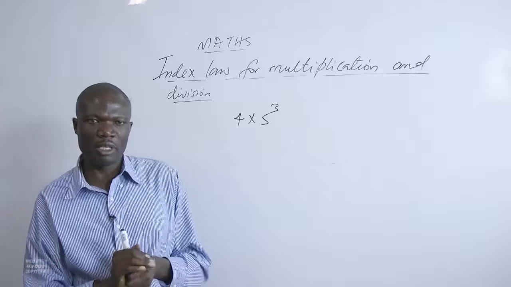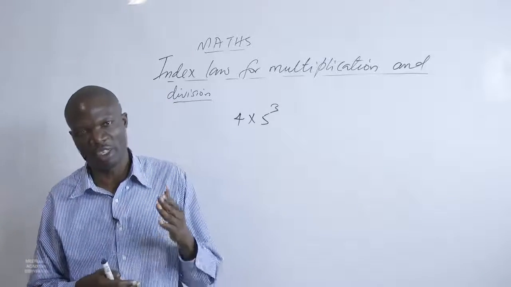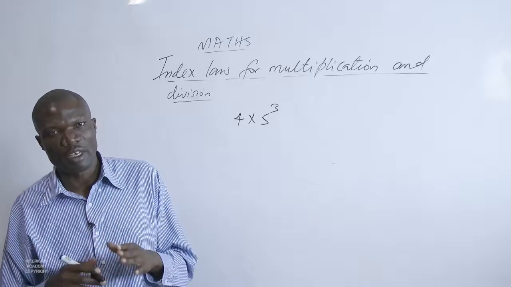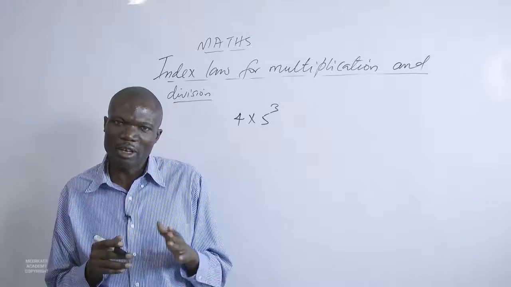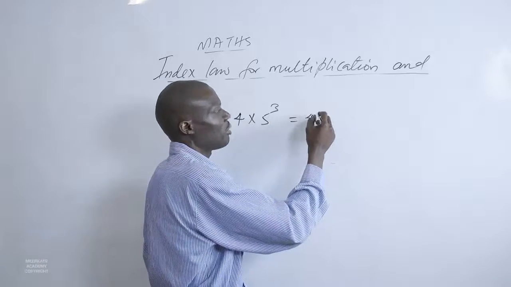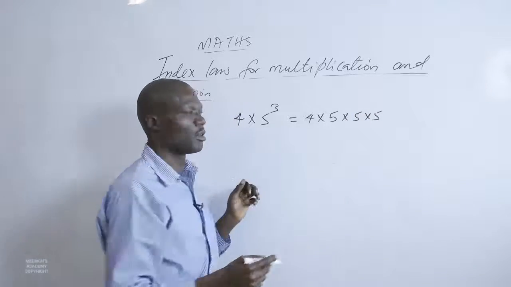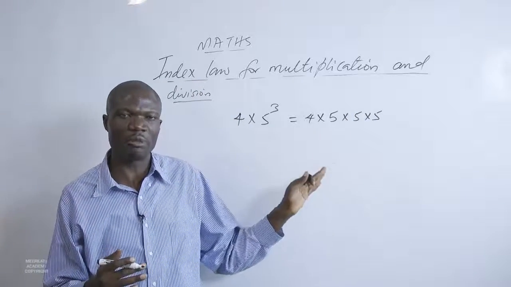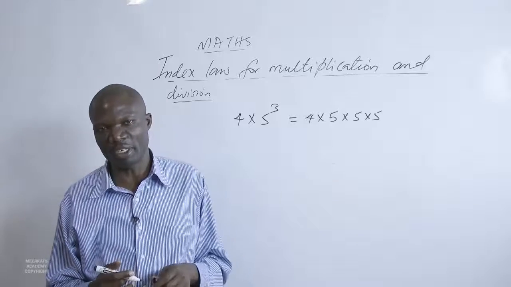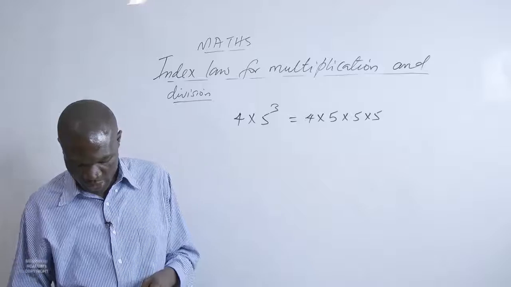We have different bases. 4 multiplied by 5 raised to the power of 3. This one is index notation. Its expanded form would be 4 multiplied by 5, then by 5, then by 5. How many times? 5 3 times, but 4 only 1 time.